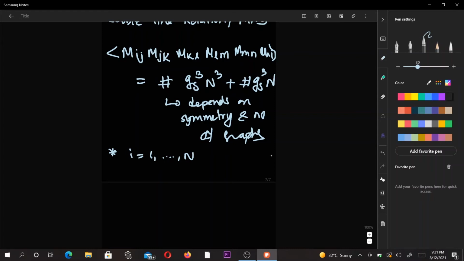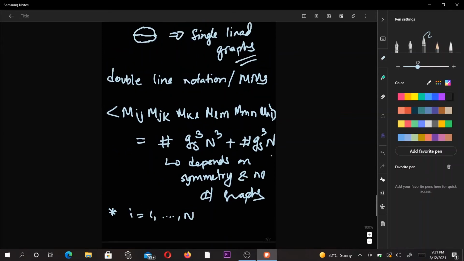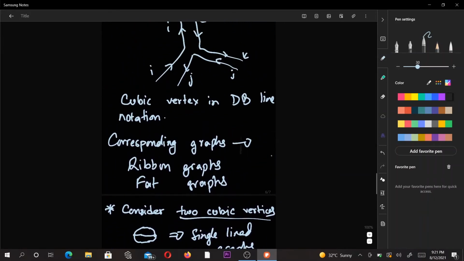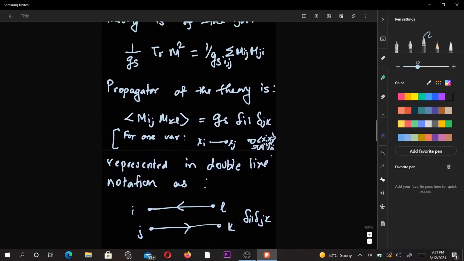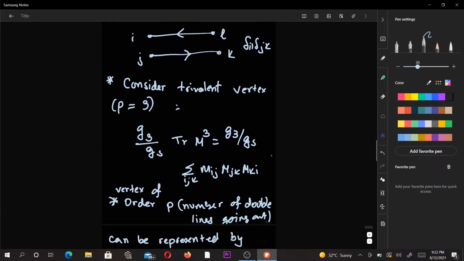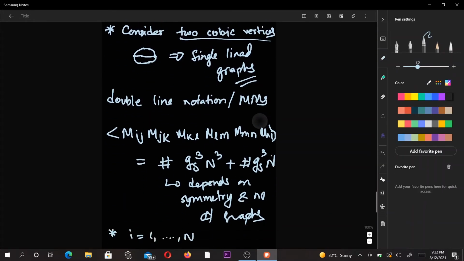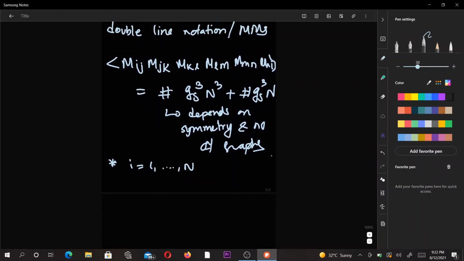The thing you have to use is Wick's theorem, which I showed you previously. Using Wick's theorem and our expression for the propagator, you can easily arrive at this. You just have to pair them up. You'll have three terms, add them up, and so, sorry, you won't have three terms.